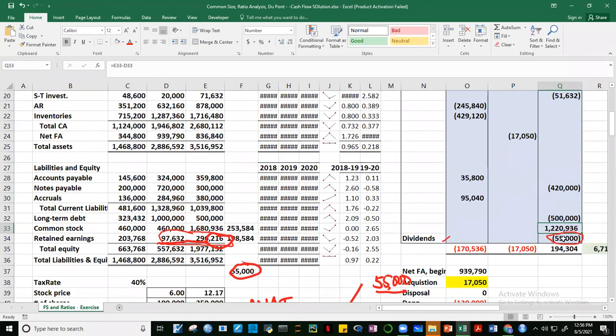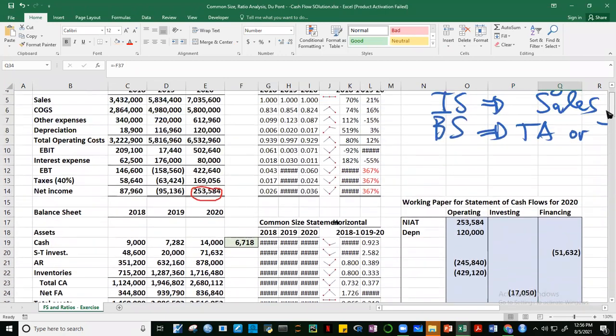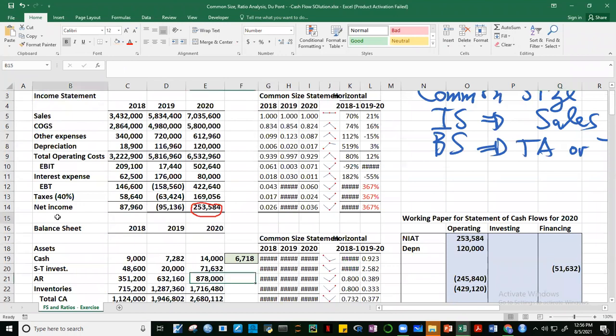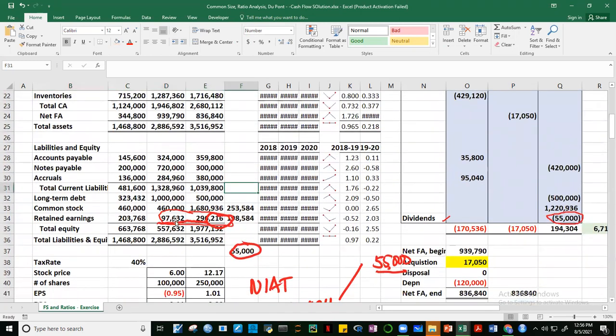Okay, dividends, guys, is 55,000. So you might think, why are there no dividends here? They're not reflected here. Even though dividends aren't listed here, guys, we can trace them because in the balance sheet we can see the change in retained earnings. Our retained earnings went from 97 to 296 to 16.